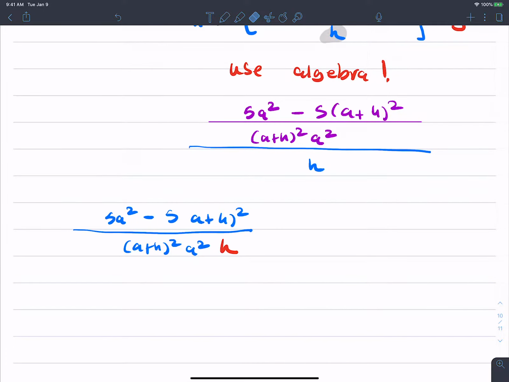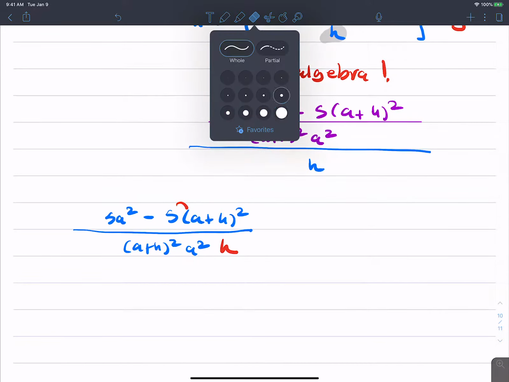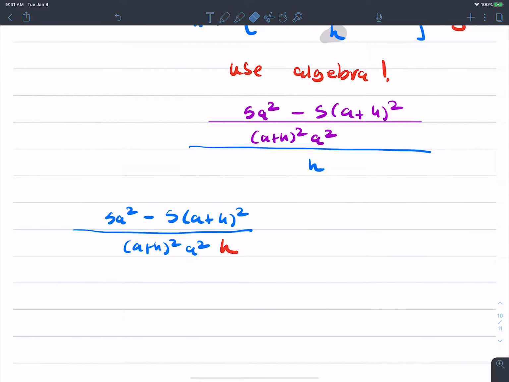You're going to have to, oh, I know, my eraser's too big. Now, okay. You have to use FOIL here. So the algebra continues. This is a squared plus 2ah plus h squared, and you're going to distribute that negative 5.